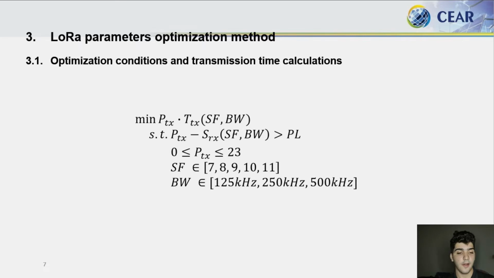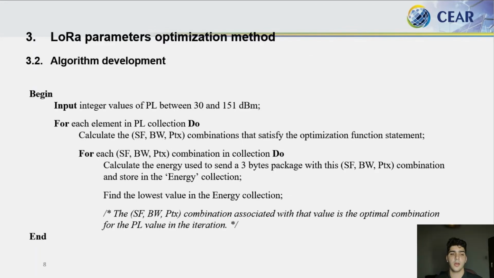Some values of SF are 6, 7, 8 up to 12, and some examples of bandwidth are 125 kHz, 250 kHz, and 500 kHz. In order to solve the optimization problem, a computer program was made following this algorithm over here. First, we create a collection with common path loss values.